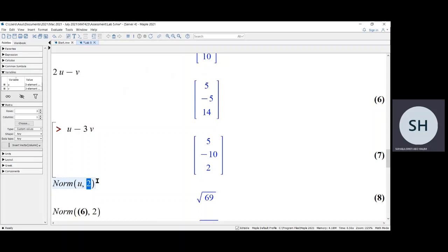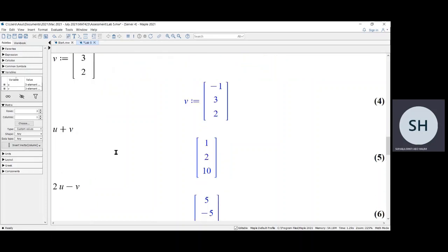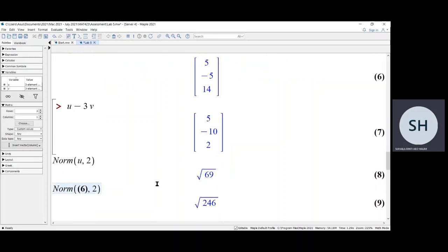That is actually the norm 2. Make sure that you use capital letter N, because this is the syntax for Norm. Then, which vector do you want to find the magnitude of, and don't forget to have 2, which represents norm 2 because we want to find the length. For vector U, which is 2, -1, and 8, we get the square root of 69.